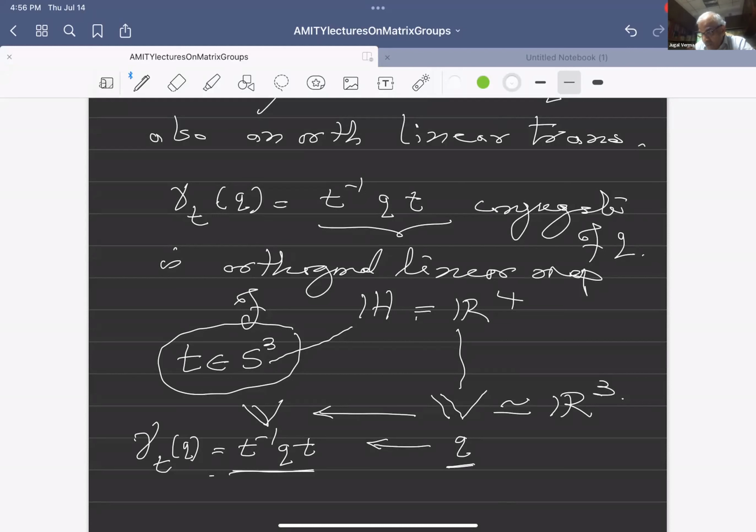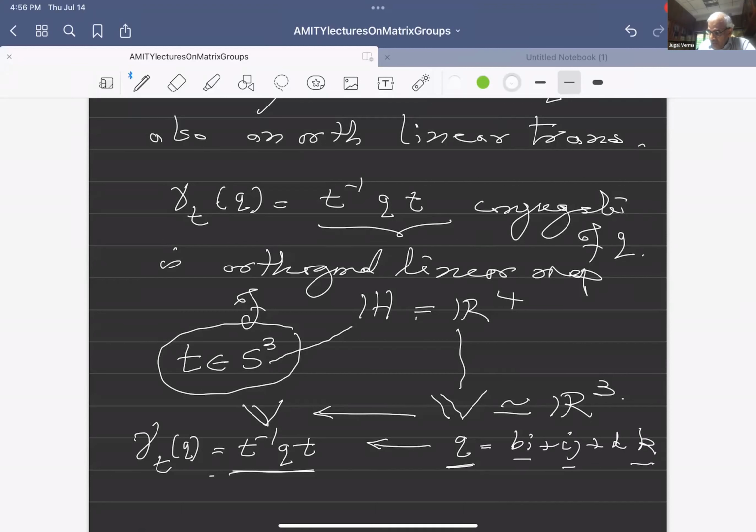You can also think of Q as a 2x2 matrix. After all, an imaginary quaternion looks like Bi plus Cj plus Dk, and I showed you last time that these i, j, k are identified as 2x2 matrices which are orthogonal of determinant 1.